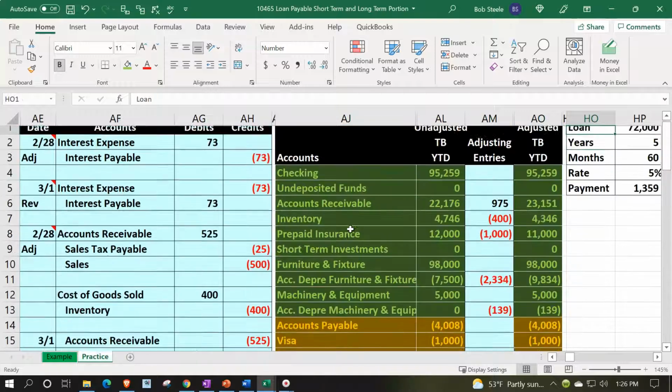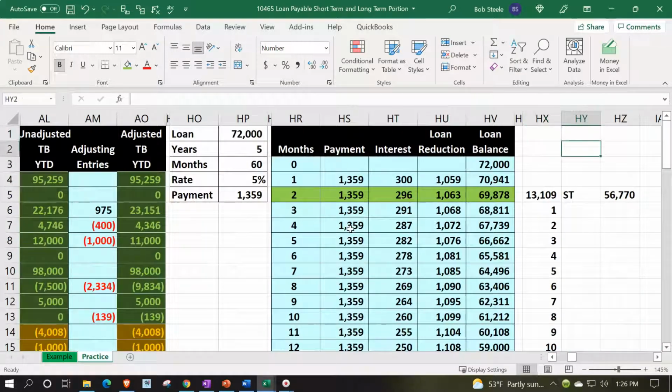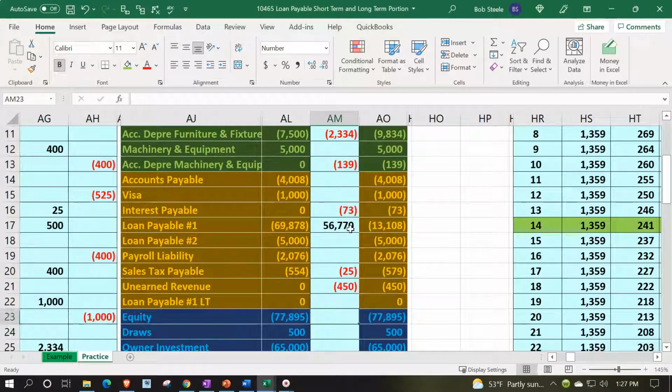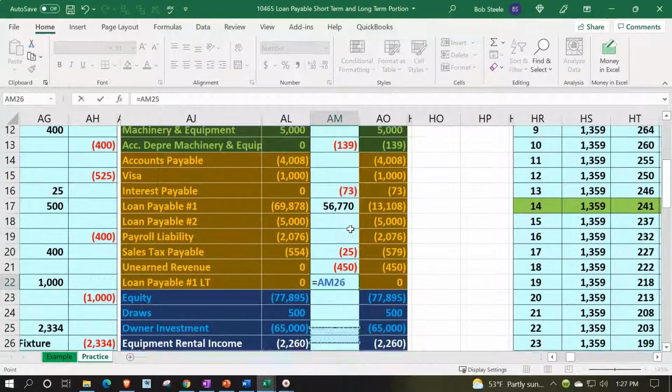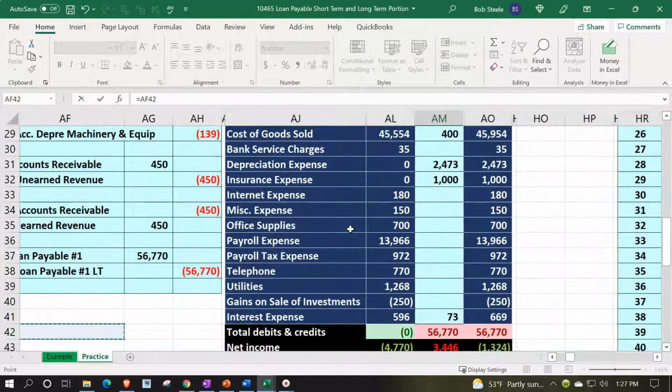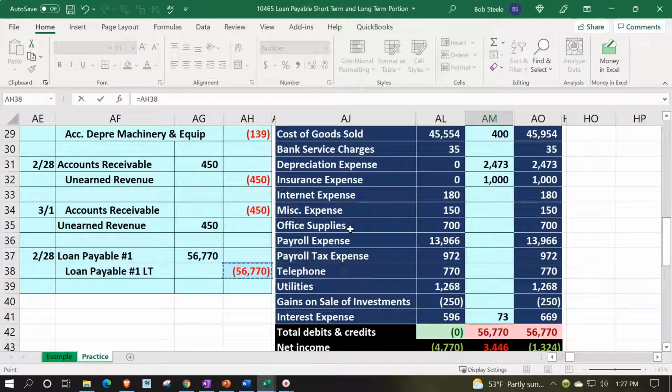Does that match what we have over here for the short term? 13,108, 109. It's off by a penny. Rounding errors. I'm okay with that. Second half's going down here in the AM22. Got to get up early in the AM to post these transactions. So we're going to say this is going to be the 56,770 and enter.